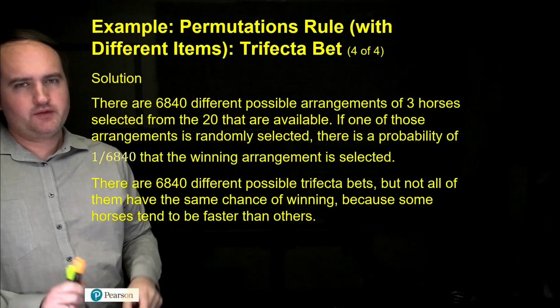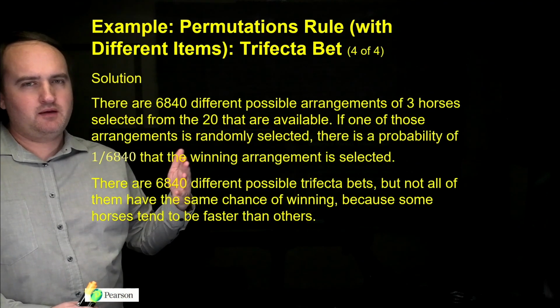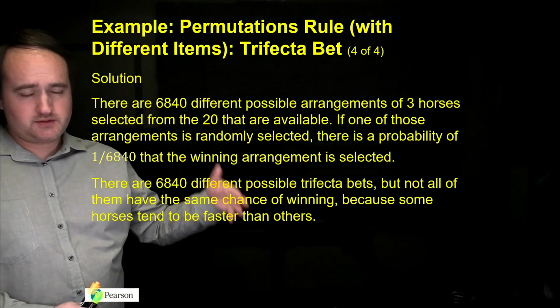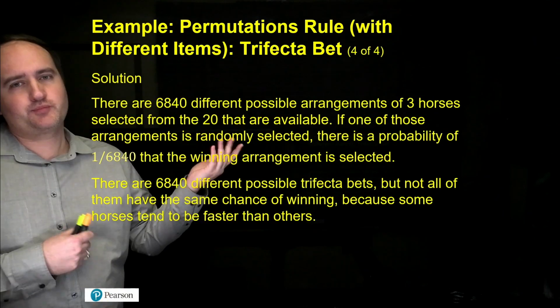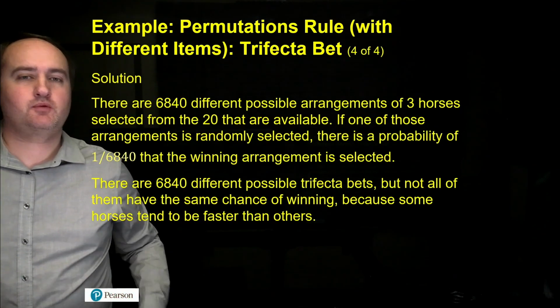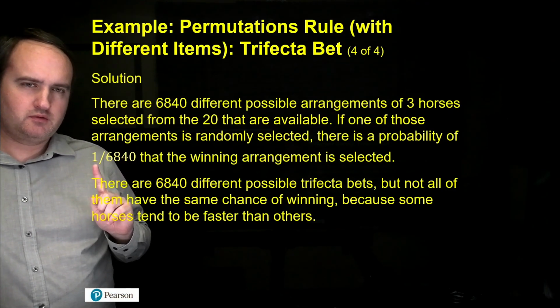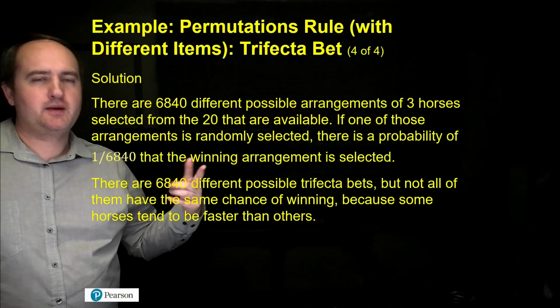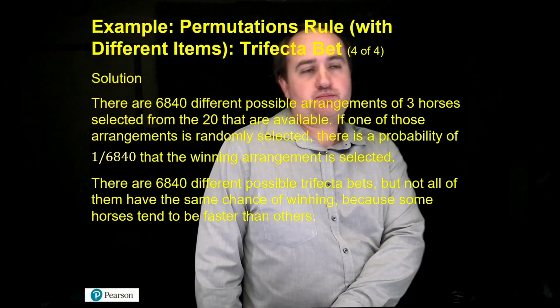So this probability that we calculated here is assuming that each horse is equally likely to be in first, second, or third place. So that's a little bit of a detail there that you might want to think about. But for your homework, we're just going to do 1 divided by the number of possibilities. Okay. All right, so that's permutations.